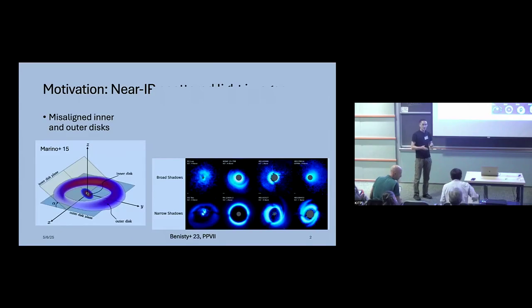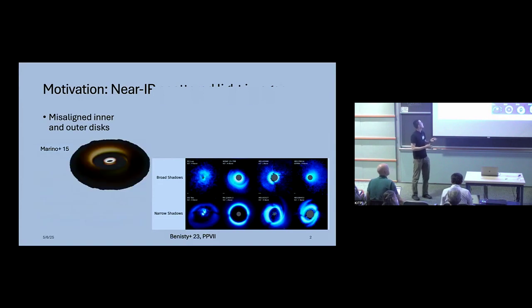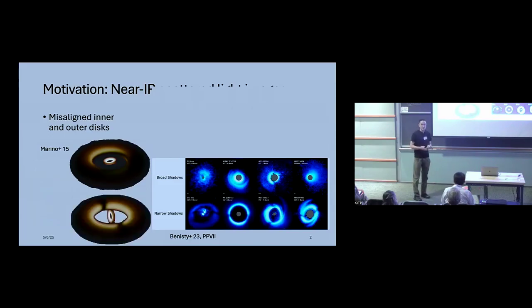Depending on their mutual inclination, you can have a broad shadow, which is caused by just slight misalignment between the inner and outer disk, casting a wide shadow of 180 degrees. You can also have a narrow shadow, which is caused by an almost perpendicular inner disk. Then these two narrow shadows are separated by 180 degrees.